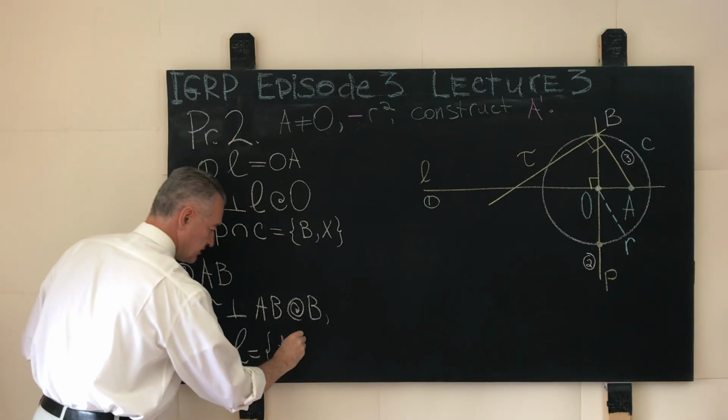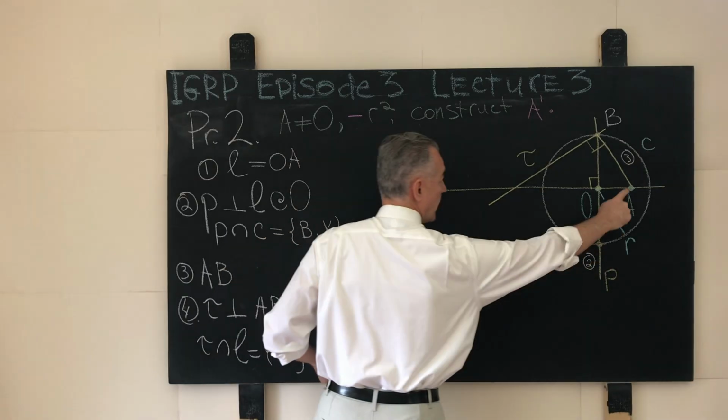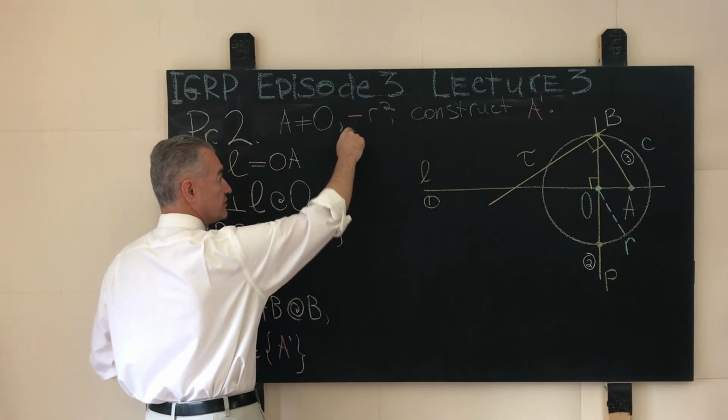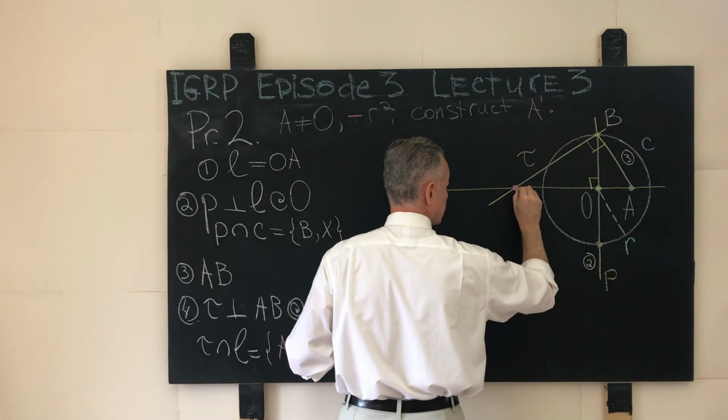That will be precisely the inverse image of the point A when the power of inversion is negative.